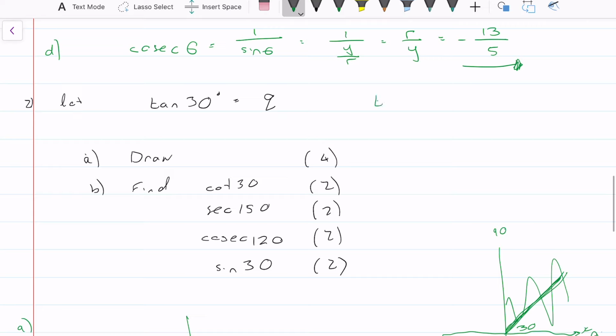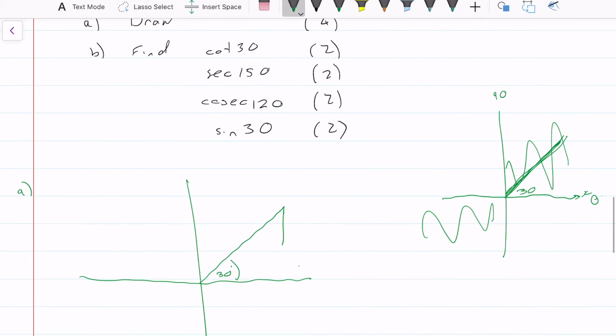So what is the generic tan theta? Tan theta equals y over x. So we know with that this is Q over 1. So we can put that into our diagram.